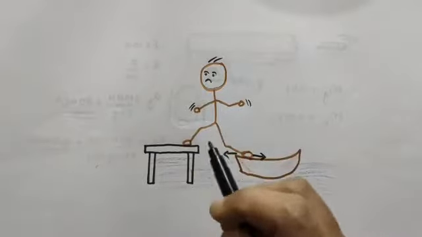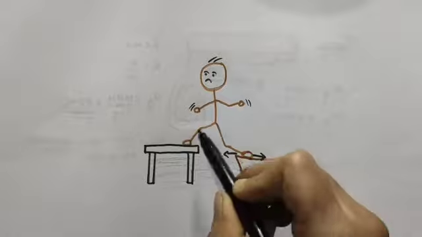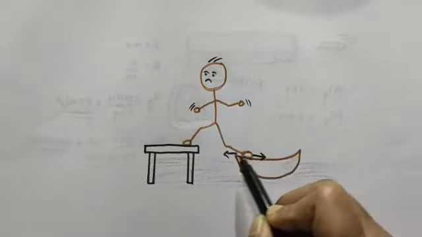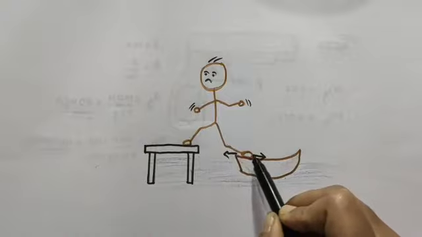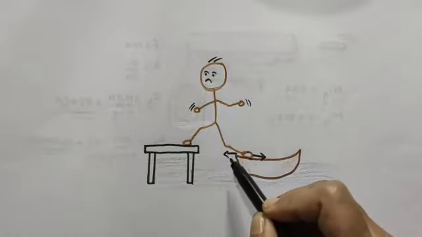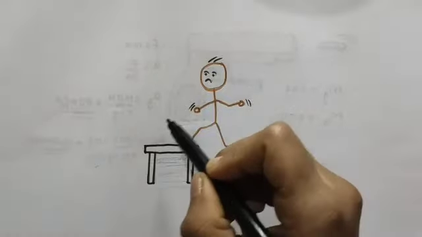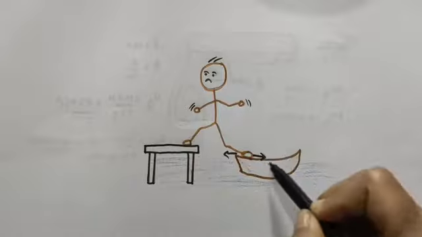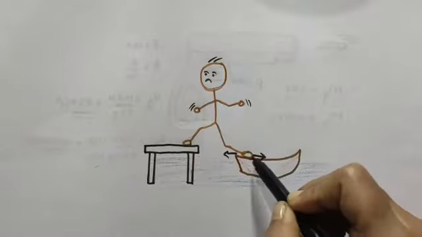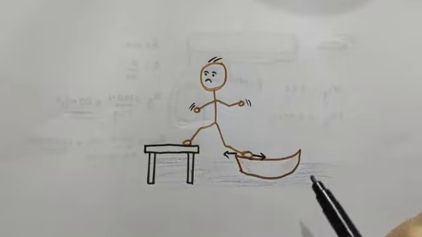That is, to every action there is an equal and opposite reaction. The boat moves backward due to the force exerted by the man in the backward direction.